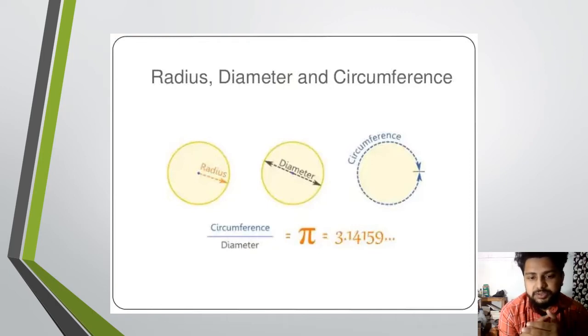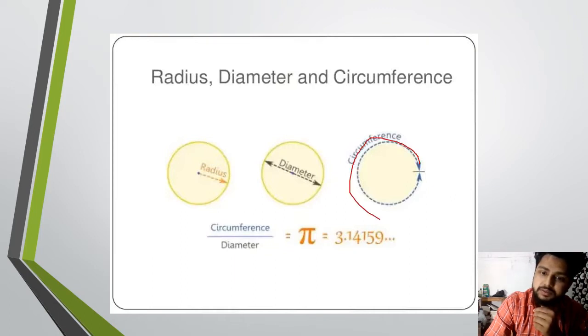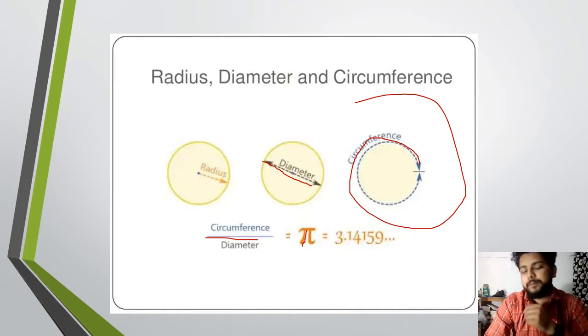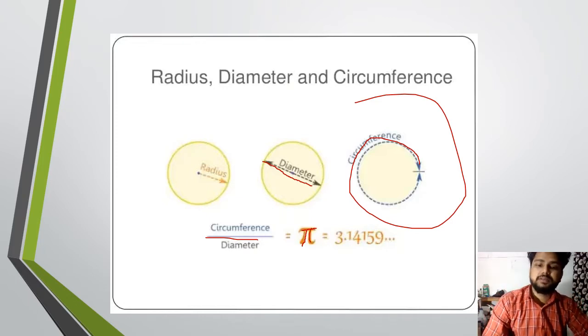Scientists give a relation between circumference and diameter. One scientist told us that when we take the ratio of circumference and diameter, we get a number. That number is a constant, and we denote it by pi. Pi is the Greek notation.